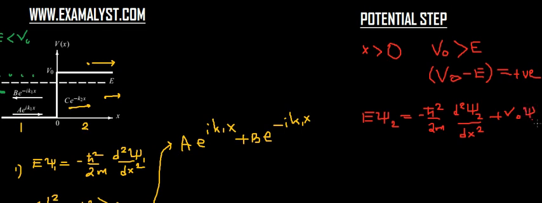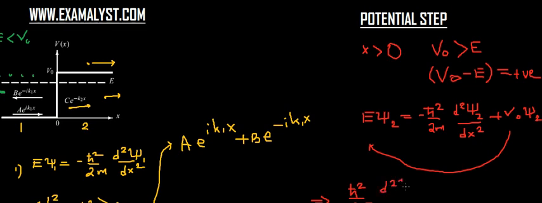Now I cannot do one thing. I cannot take V naught to this side and write everything as E minus V naught, because then it is a negative quantity. Why will this negative quantity hurt us? Let me show you. Let's do the same thing that we did before. We take h cross square divided by 2m to the left hand side.